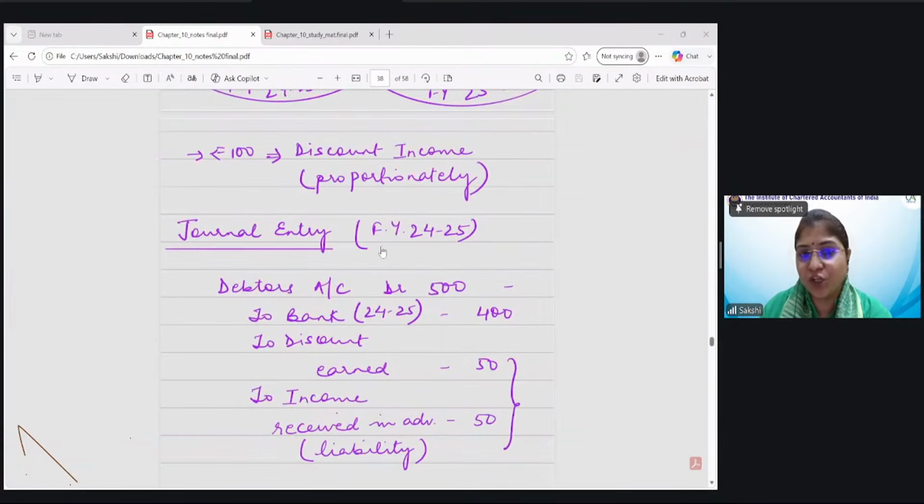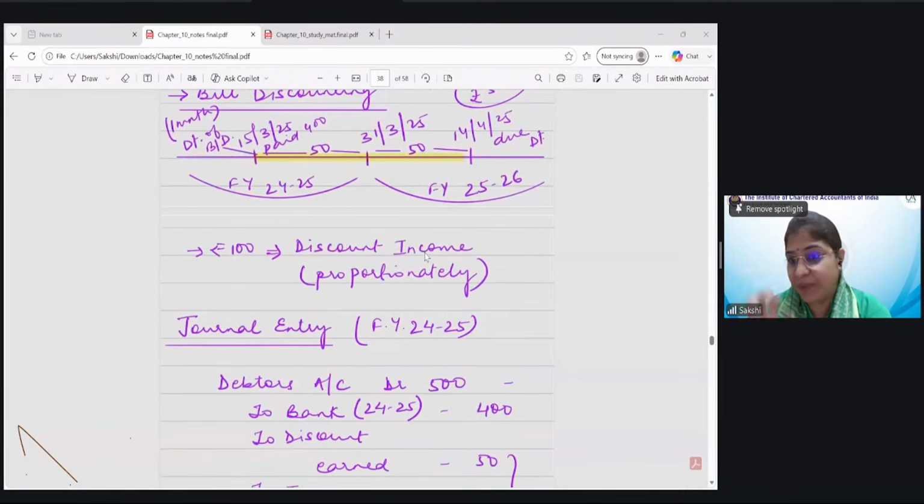Daksh, what's the logic? Ma'am will divide by two. The logic is that, Daksh, this 100 rupees is not the entire income of the bank for financial year 24-25. This bill was supposed to be due on 14th April 25, that is financial year 25-26. So is it prudent to book the entire income this year?